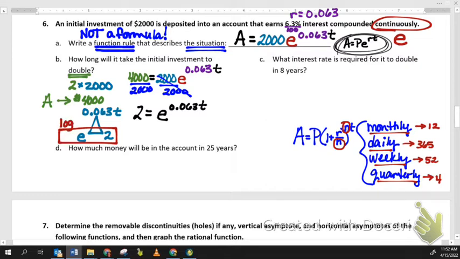So we're going to do a log with a base of e, argument of 2, equals my exponent, 0.063 t. Log base e we normally just call what? That's my natural log, ln. That's the button that I'm going to go looking for on the calculator.